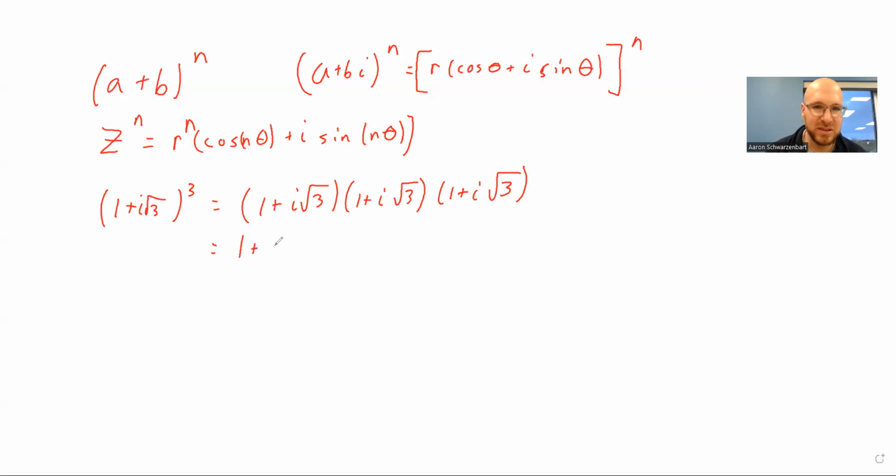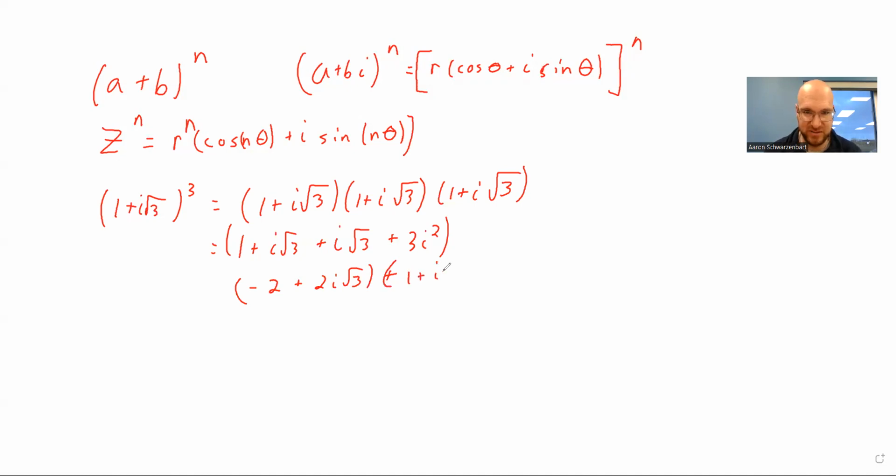1 plus i root 3 plus i root 3 plus 3i squared. And that's negative 2 plus 2i root 3, times 1 plus i root 3.